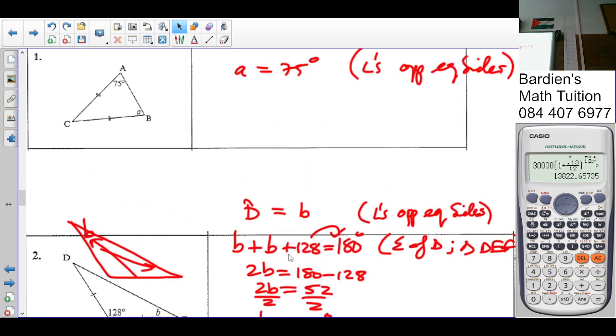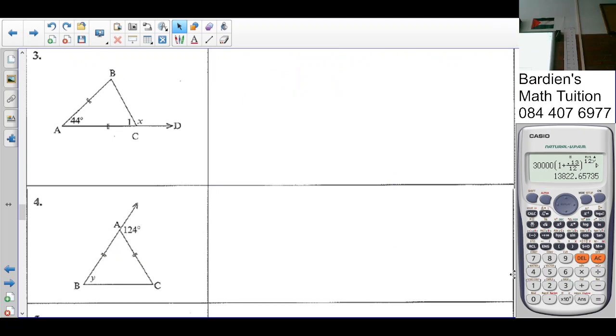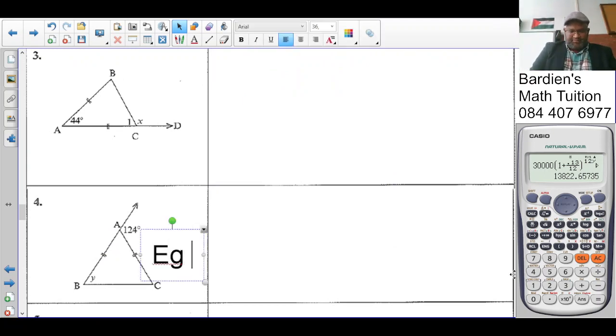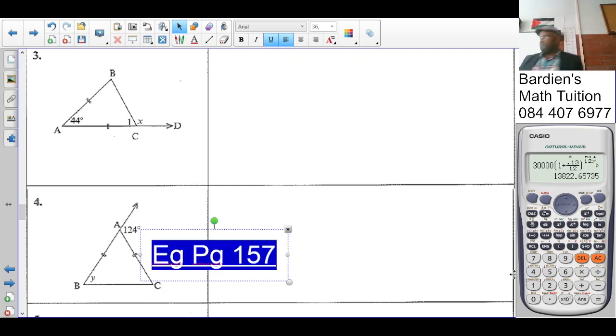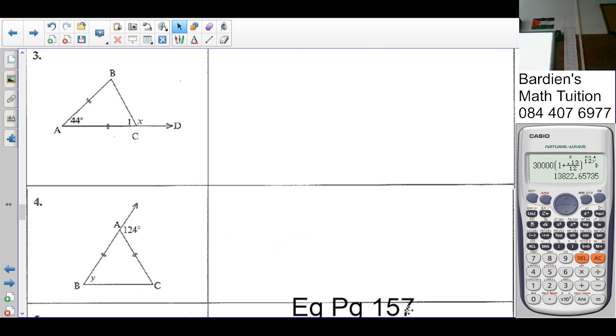So, this is the examples on page 157. Okay. So what did we start? Angle C1. But angle C1 is also equal to which angle?